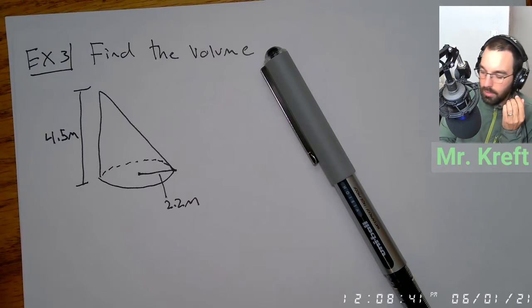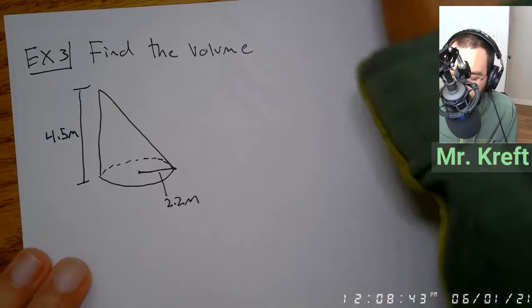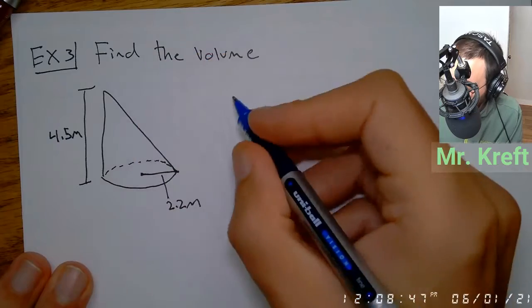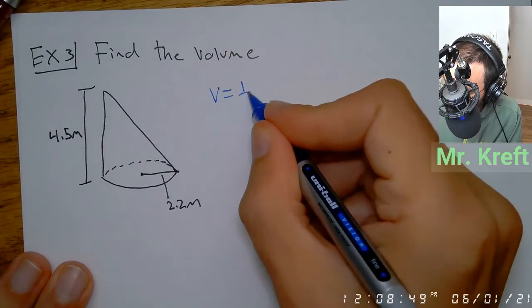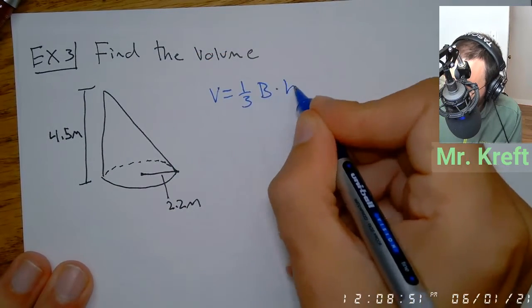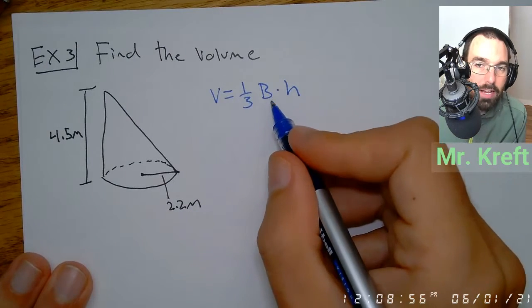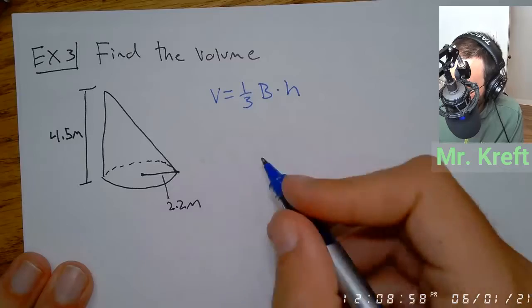First, is this a prism or a pyramid-type shape? I see we have a point, so I know volume equals 1/3 times B times h. Now the base: we have to remember that capital B means the area of the base.